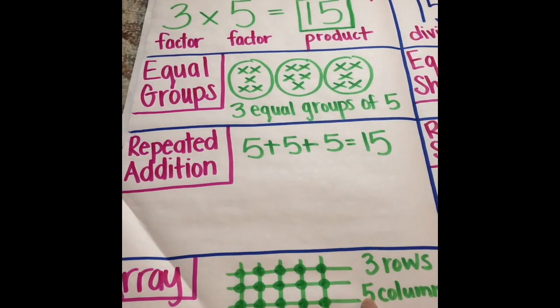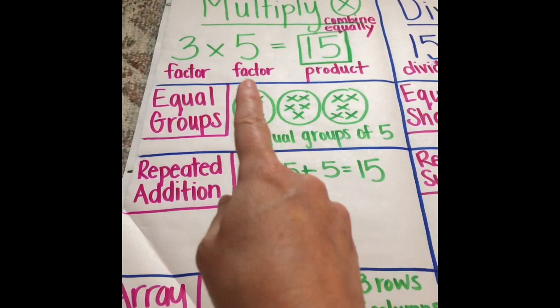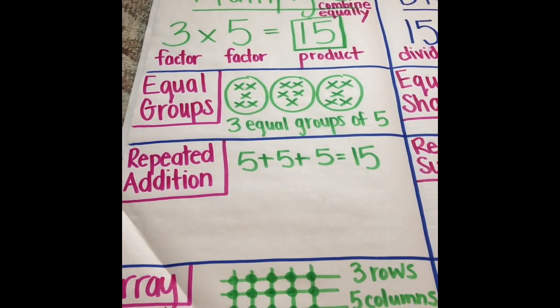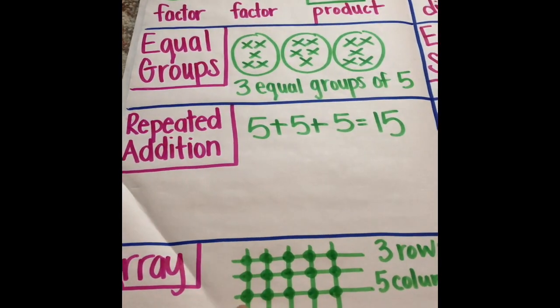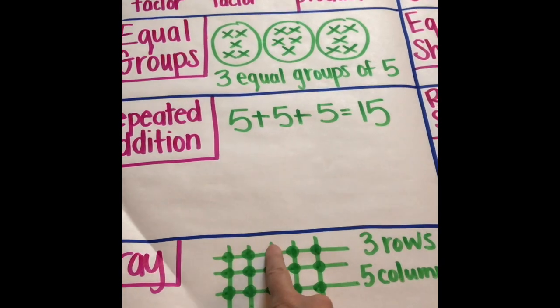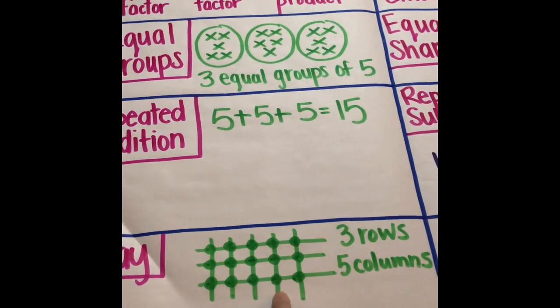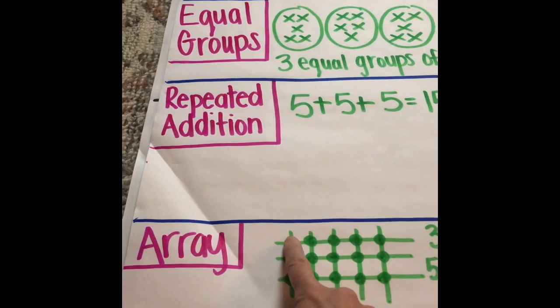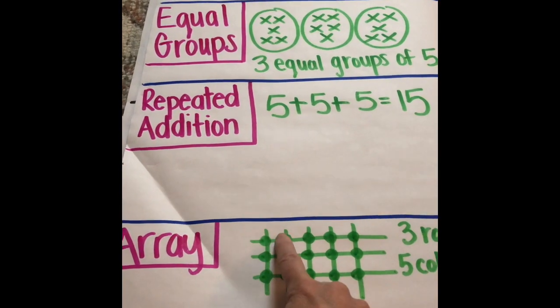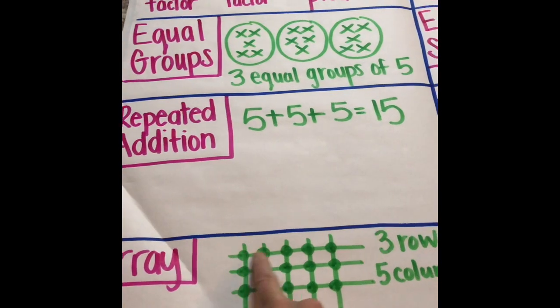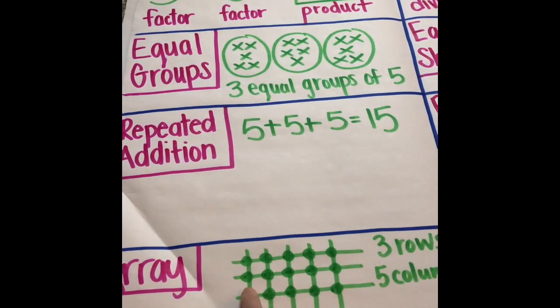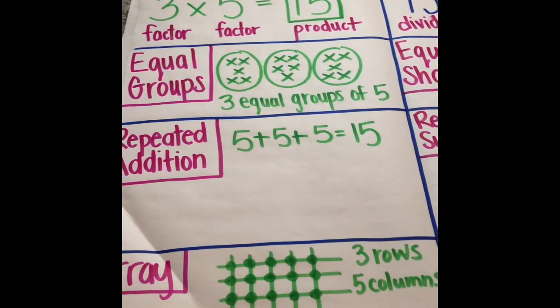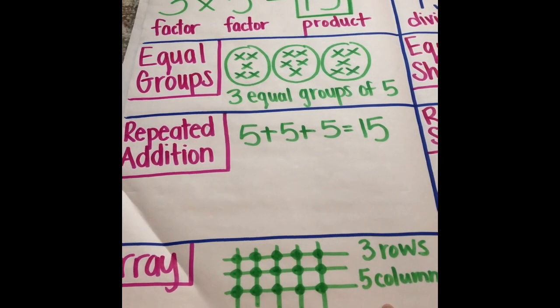The next thing we do is we take our second number, the 5, and we know that we need to draw 5 columns, and those are our vertical lines. The last thing we do is we draw some circles where those lines intersect, and then we count them all up, and that gets our product of 15 for 3 times 5.